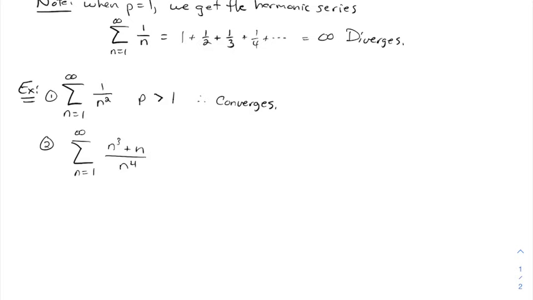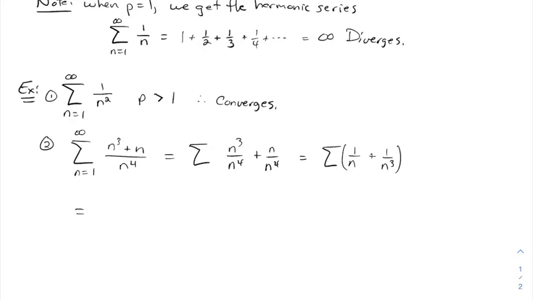Now, right off, this isn't a p-series, but we can break the summation into two parts. We can break this into n cubed over n to the 4th plus n over n to the 4th. So the first one becomes 1 over n, and the second one is 1 over n cubed.